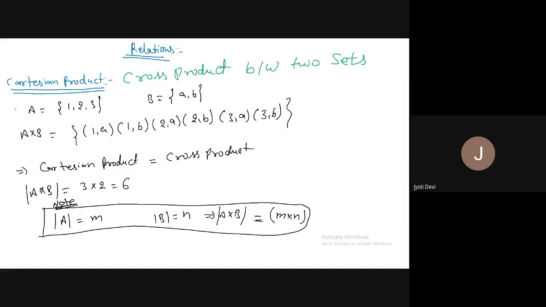For example, set A and set B, just cross product each element of set A and B in order. Please keep in mind, A cross B has a different order and B cross A has a different order.